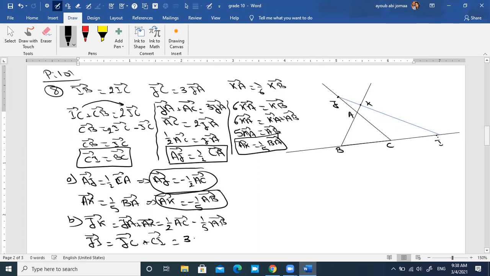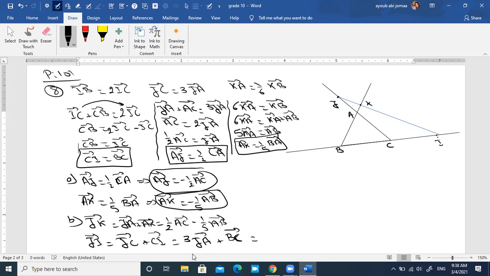So 3JA plus CI. What about CI? CI equals BC. We already did it here. Okay. So plus BC, which is equal to 3 into 0.5 AC.